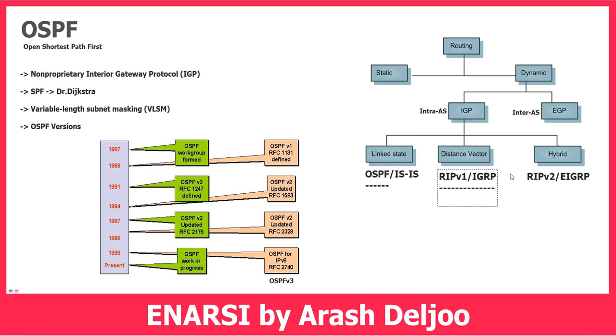Here you can see the historical order. We have RIP version 1 and also IGRP as the first protocols that were created and invented in, for example, the period of 1990 to 1995.